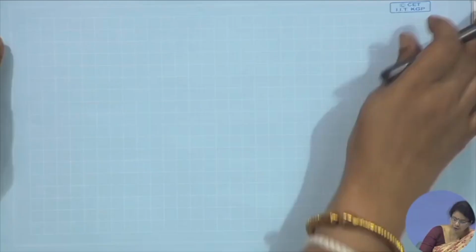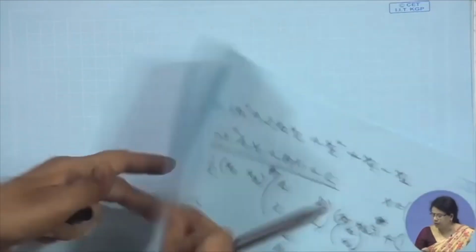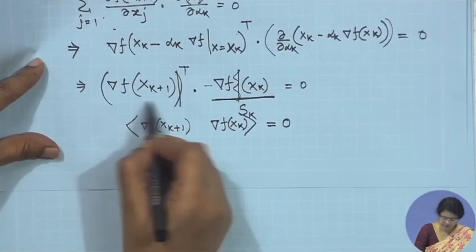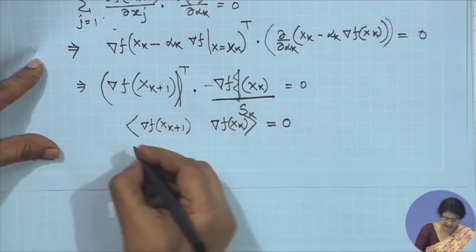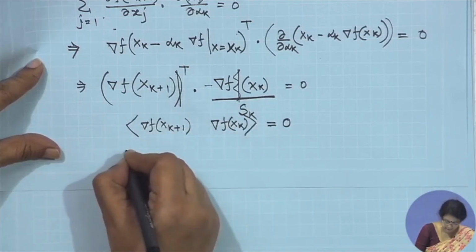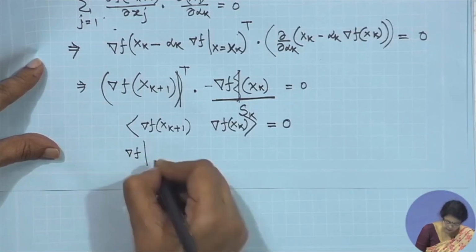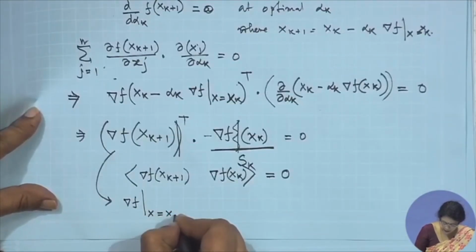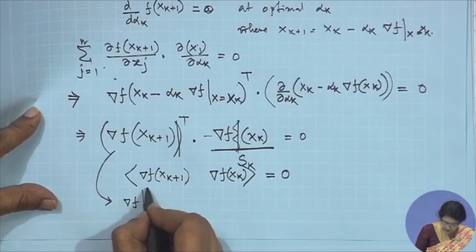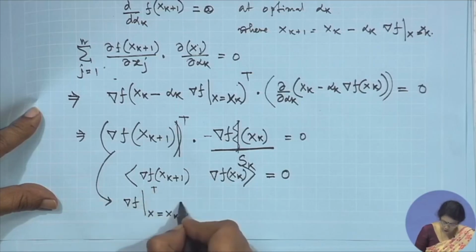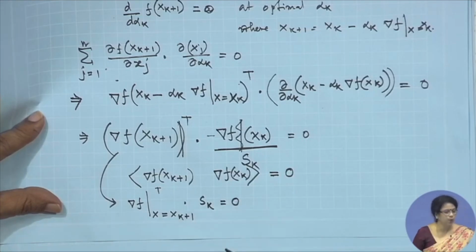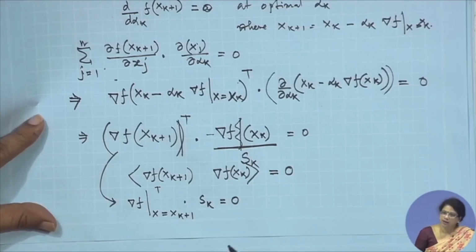Because just now, if you remember, we were proving this fact. What is that? Grad of f at x equal to xk plus 1, transpose, dot sk is equal to 0, all right.